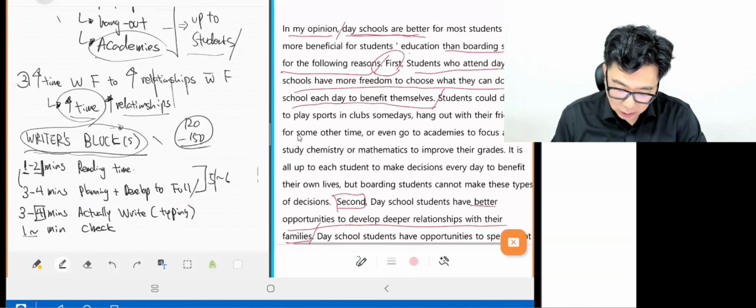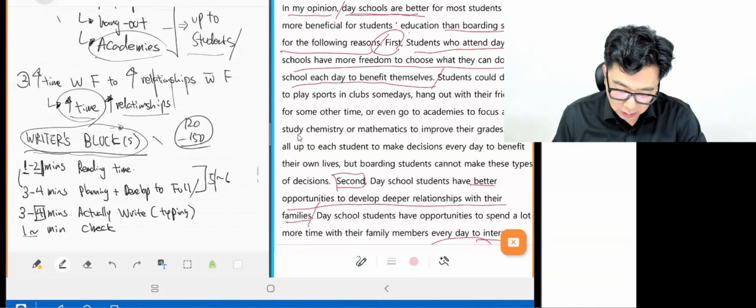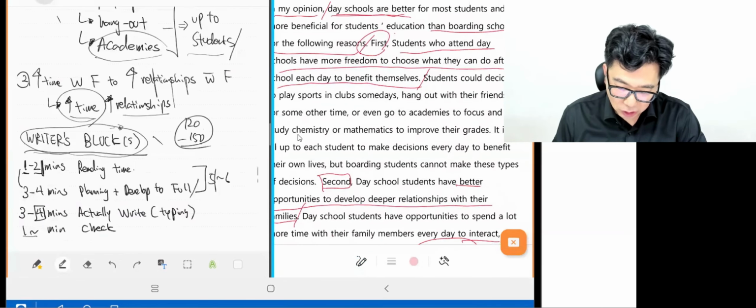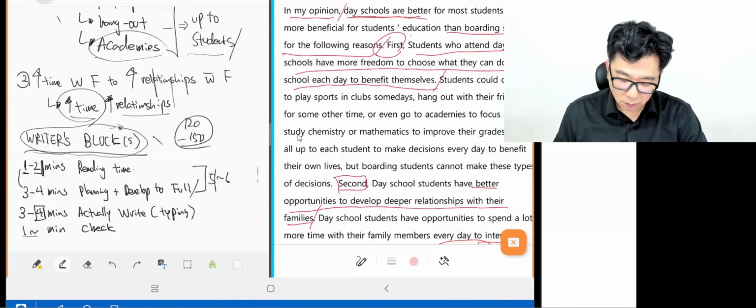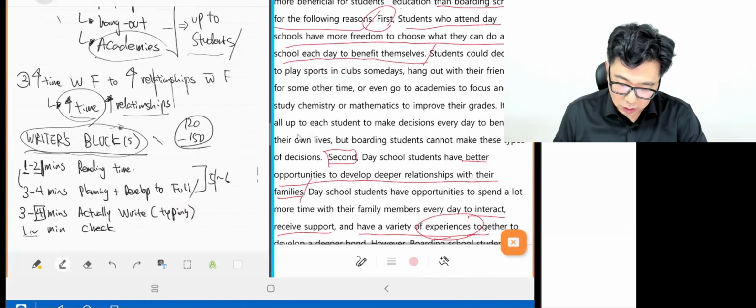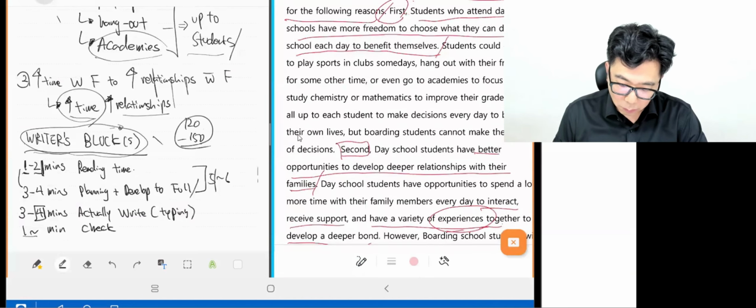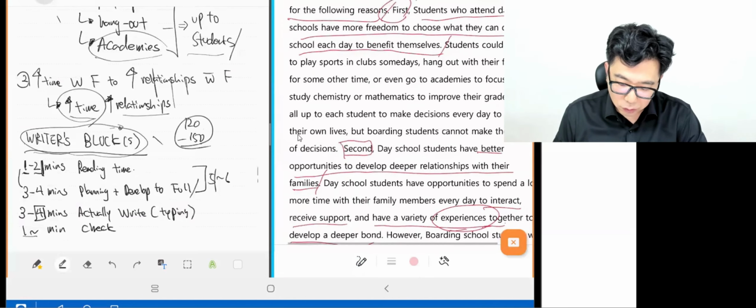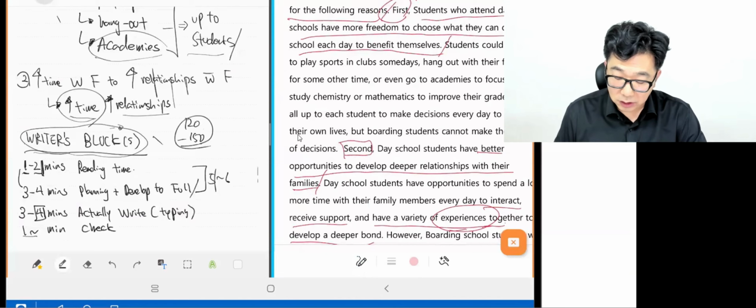In my opinion, day schools are better for most students and more beneficial for students' education than boarding schools for the following reasons. First, students who attend day schools have more freedom to choose what they can do after school each day to benefit themselves.